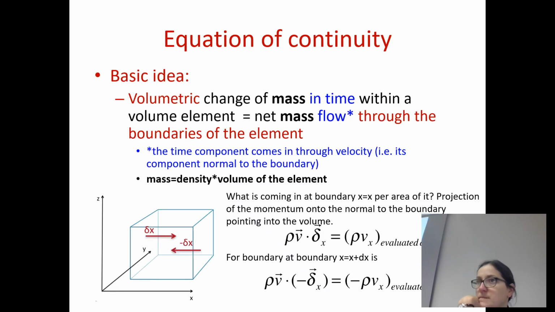Once again, so we have a box, we place a box. The basic idea is that what's going to change volume in this box has to come in orthogonally through the boundaries. And I have 6 boundaries to look at, 6 planes. Okay? My velocity already looks in time.